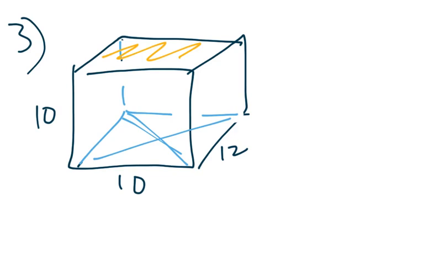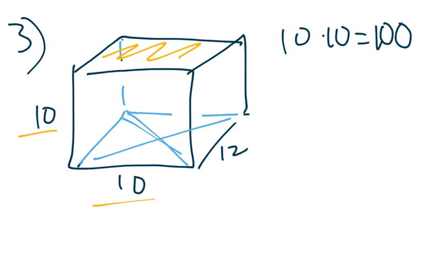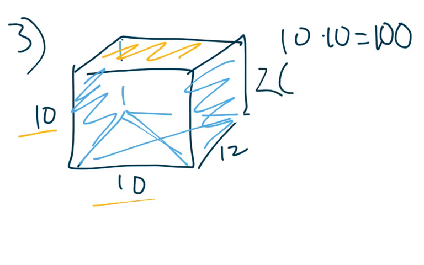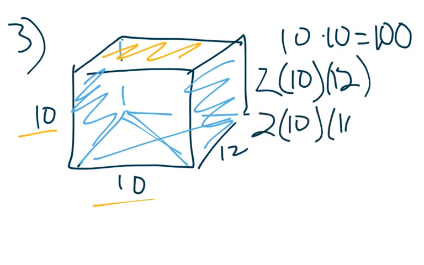So we know that the ceiling is 10 by 10, so 10 times 10 equals 100, so the ceiling has an area of 100. We know that the front and back have an area of 10 by 10. The sides have an area of 10 by 12. So we are going to say 2 times 10 times 12, and then 2 times 10 times 10.